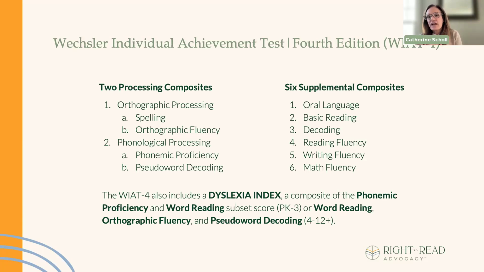And it's very helpful for parents and educators to have that when you are specifically looking to see if your child has specific learning disabilities in reading, AKA dyslexia. Catherine, has this dyslexia index always been a part of the WIAT, or is it unique to the WIAT 4? It has not always been; the WIAT 4 has it.